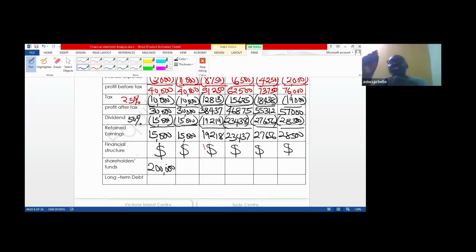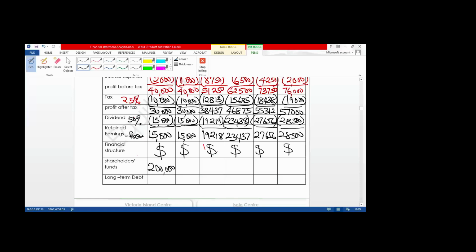Your ordinary shares plus your reserves. That means in the current year, this retained earnings is reserves. The examiner has added both share capital plus this reserve.